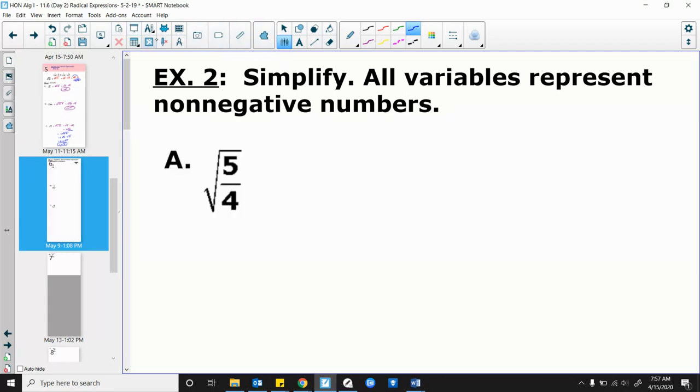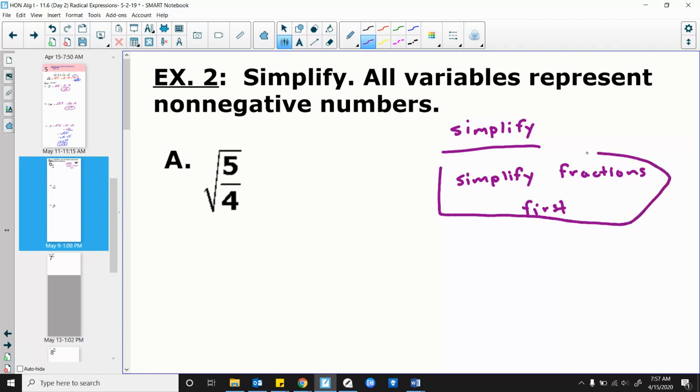Here we go. Let's start with 5 over 4. Now it says simplify, all variables represent non-negative numbers. So that means we're not going to have any plus or minus anywhere. Now, when it says simplify, the first thing I want you to do always is simplify fractions first.